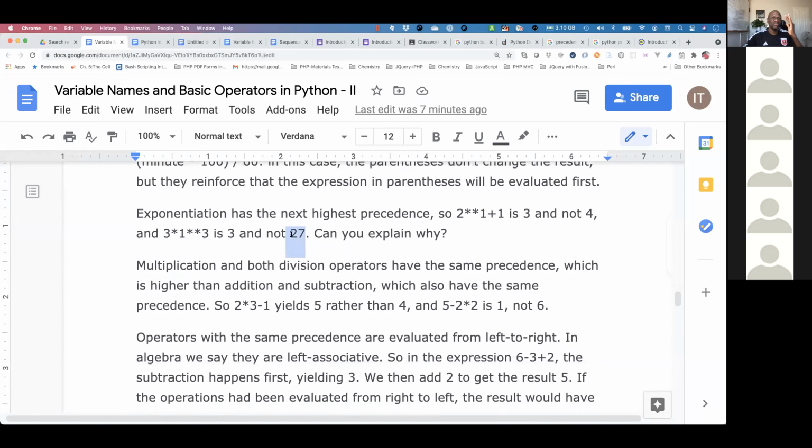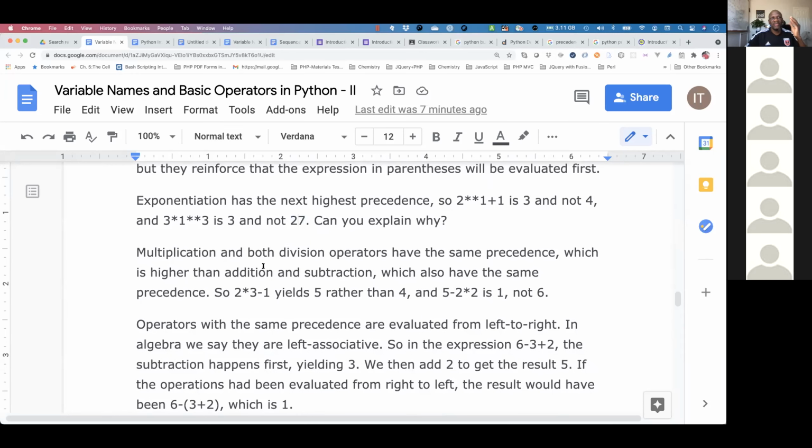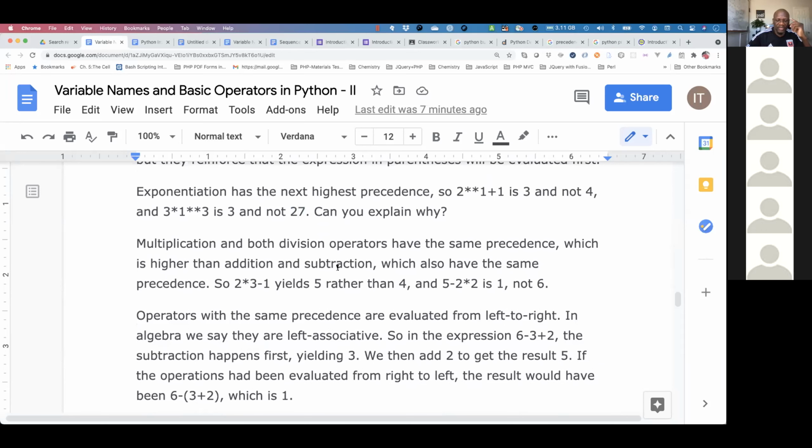So this is very self-explanatory. Multiplication and division operators have the same precedence. Multiplication and division, no problem. You know those ones, you have them in the same box. Which is higher than addition and subtraction. Multiplication and division will be higher than addition and subtraction.